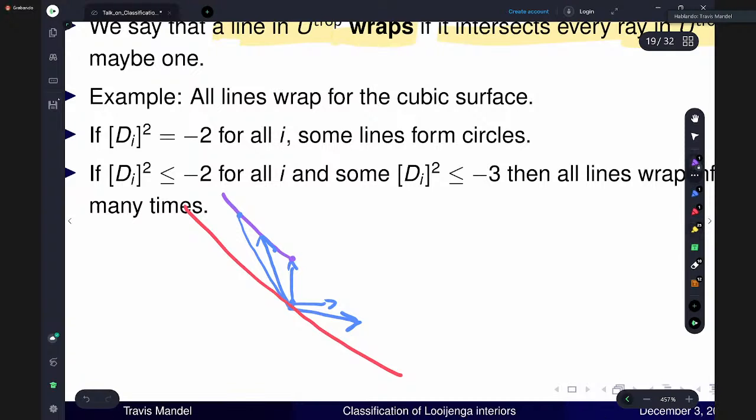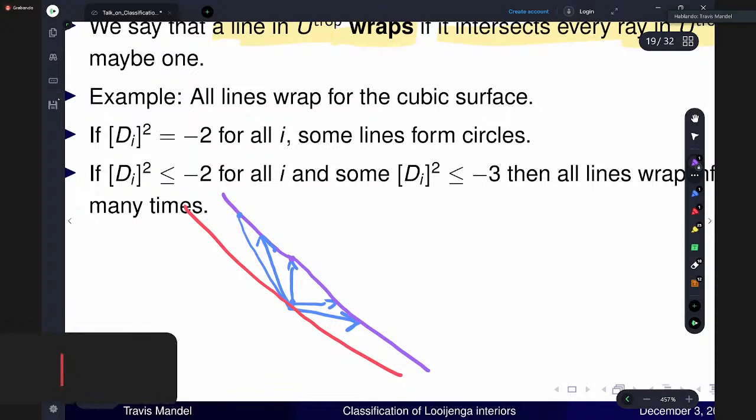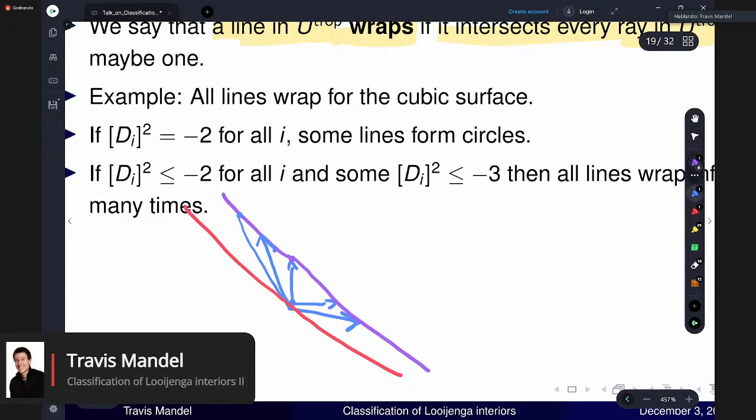And if you take a line parallel to the boundary of the half plane, well, if you draw that in U-trop instead of the universal cover, this line will end up looking like a circle, basically because we have a vector in U-trop, and then I have that vector repeated on the next sheet.